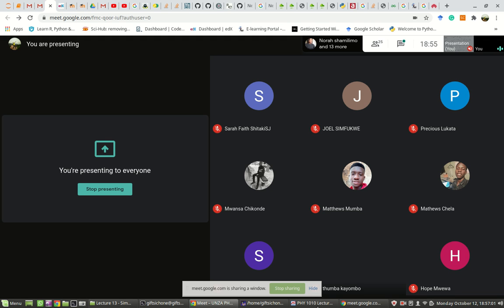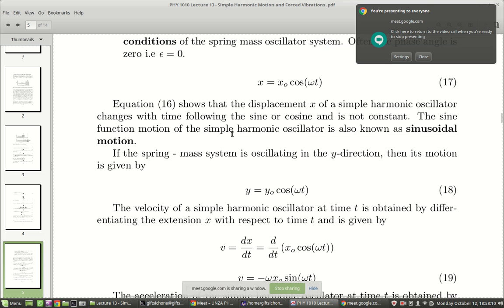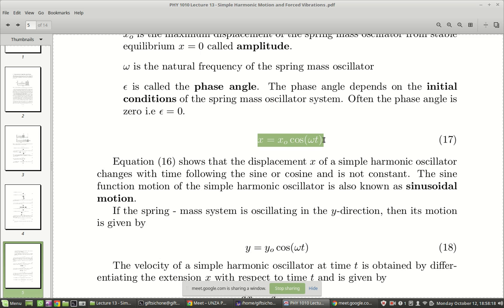In that case, the solution is still the same. The only difference is that instead of X, you end up having Y, and instead of X naught, you have Y naught. Everything else is the same. This Y naught is the amplitude. Then you've got cos omega t, like that.